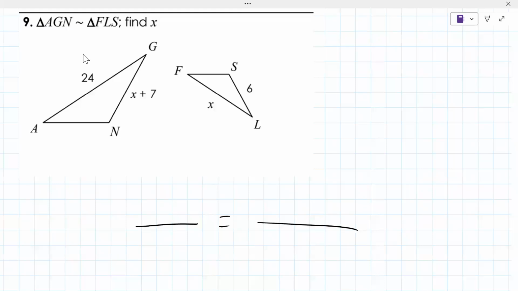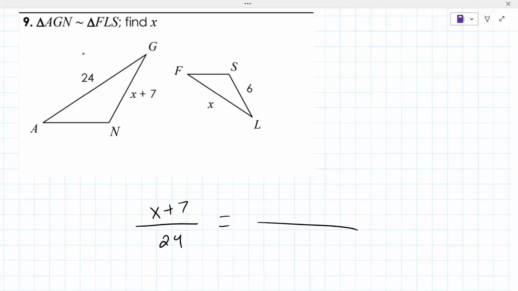X plus 7 over 24. I'm sorry, you said x plus 7 over 24? Yes. Okay, that's fine.